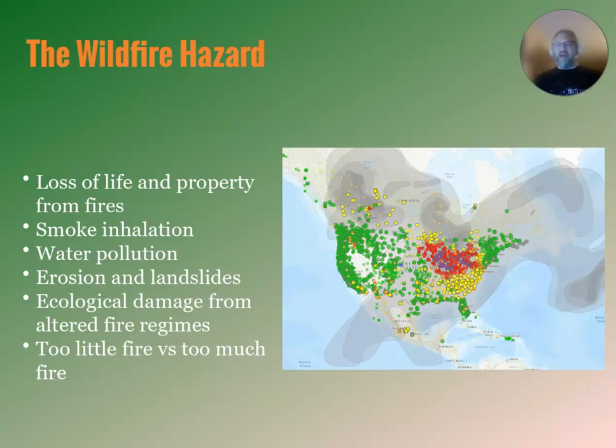So the ash from fires washes into our rivers and lakes and so forth, and can pollute those water sources. And it's especially risky if what has burned has not just been trees and grass, but has been various human-made materials that we really don't want in our water. So we get a lot of problems with plastics, for example.